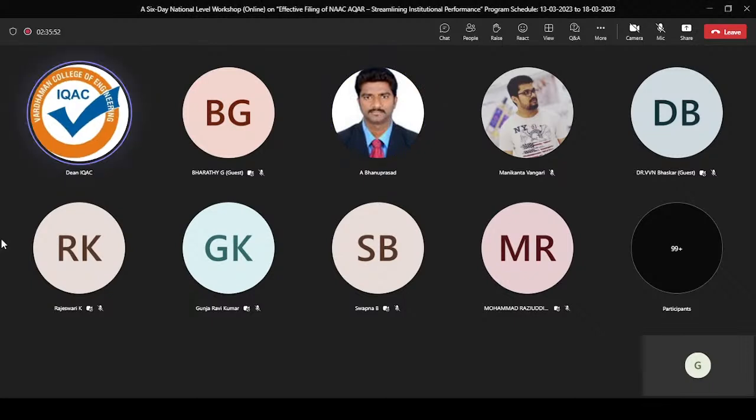You highlighted the crucial role of infrastructure, learning resources, library resources, physical resources, and IT infrastructure in providing a conducive environment for learning and research, which ultimately contributes to the overall development of the institute as well as students.